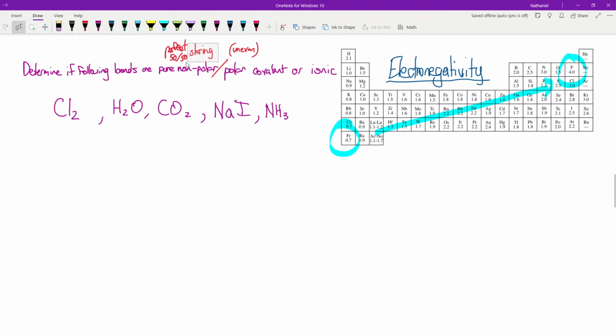So perfect, pure non-polar. Then there's just non-polar itself. But pure is a type of non-polar. Non-polar is kind of like within a certain limit. So for example, carbon and hydrogen are close enough that there's no real difference.